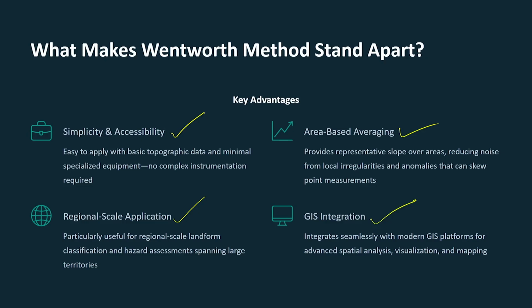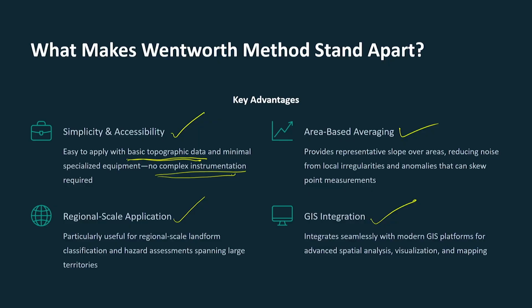This method does not require any specialized equipment. It requires very minimal elements, that is the basic topographic data from a topo sheet, and no complex instruments. So, this is what makes Wentworth's method more appealing, the simplicity as well as accessibility.